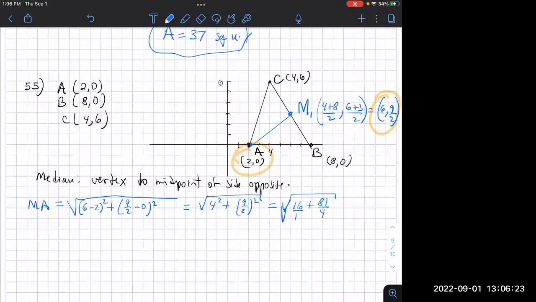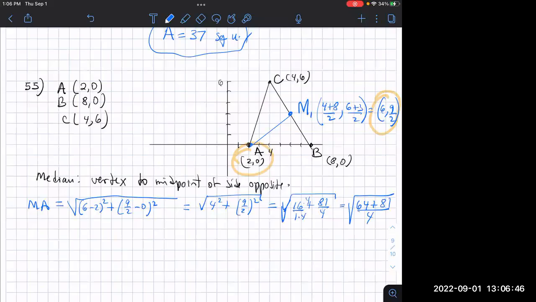And then we have to do the LCD. Multiply by 4. So then we get, we'll make it longer. So it's 4 times 6 is 24, carry 2. 4 times 1 plus 2 is 6. So it's 64 plus 81 over 4. And that's 145.